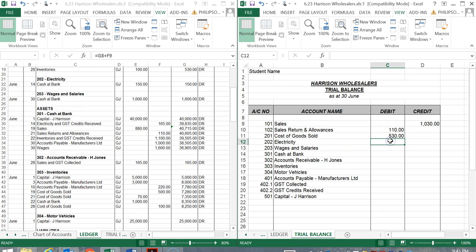Electricity is a debit. Wages and salaries is a debit. Okay, inventories is also a debit. Yeah, motor vehicles also a debit.